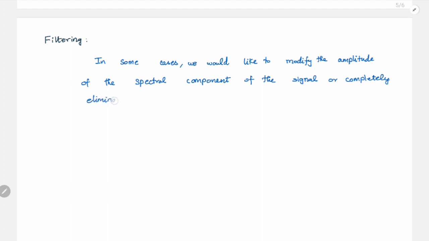So this action is referred to as filtering.